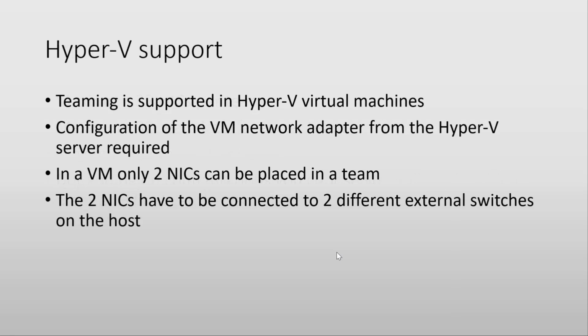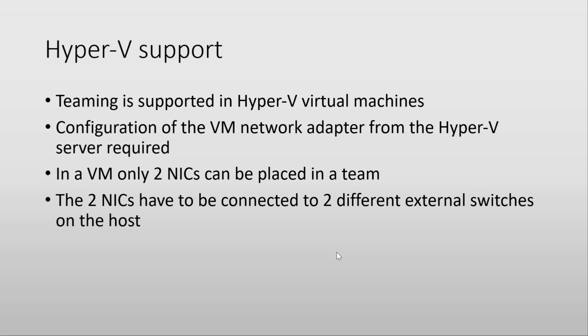And one last thing, NIC Teaming also is supported in Hyper-V virtual machines. For a Hyper-V VM, you can only have 2 NICs in a team, not more. And all the adapters that are attached to a virtual machine have to be configured for NIC Teaming.